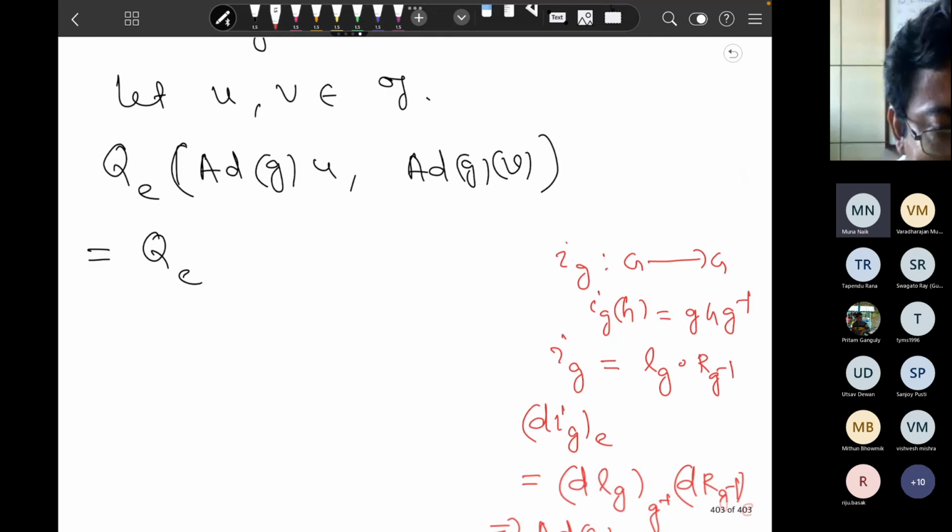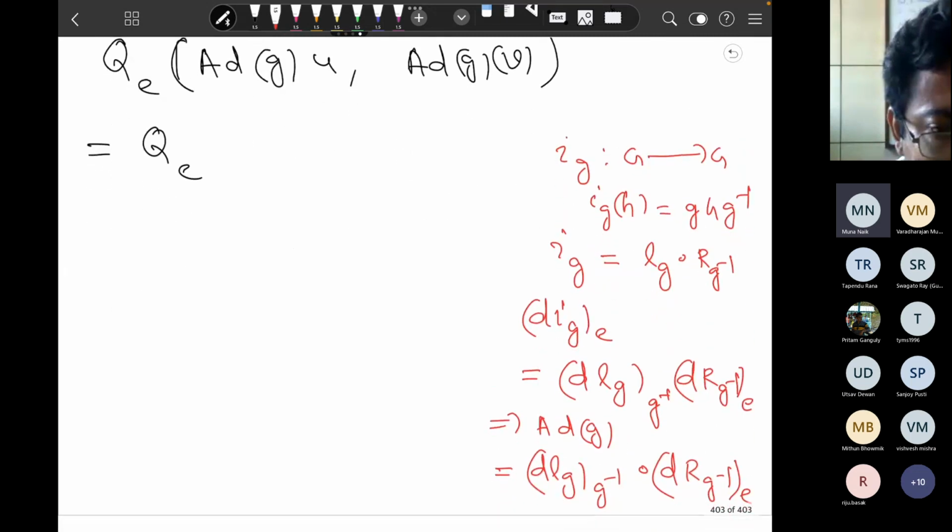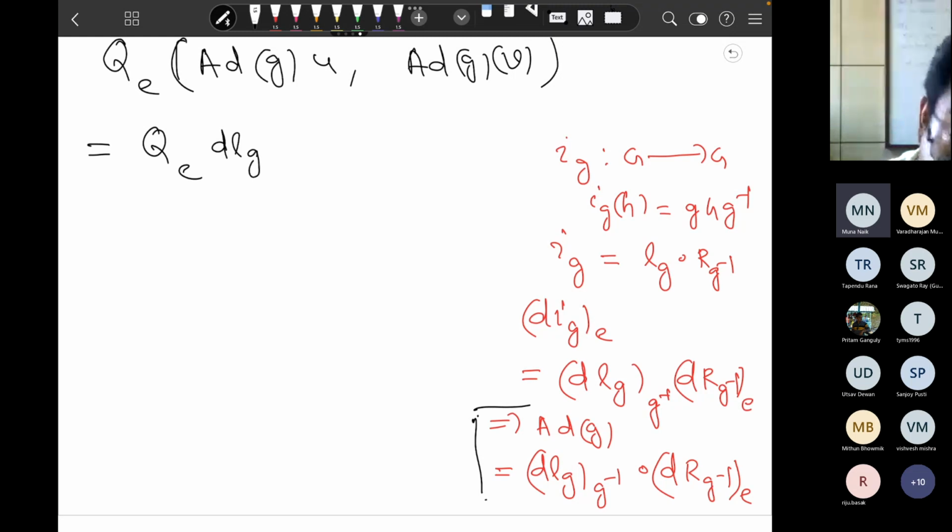This is the thing we have to use. So in place of Ad_g in Q_e, you write this.